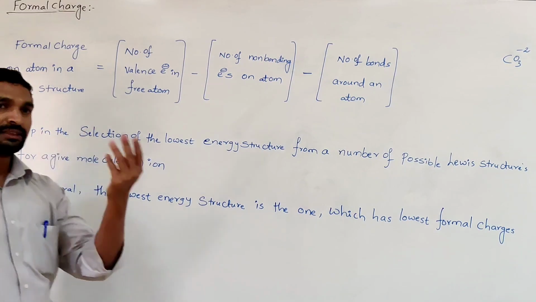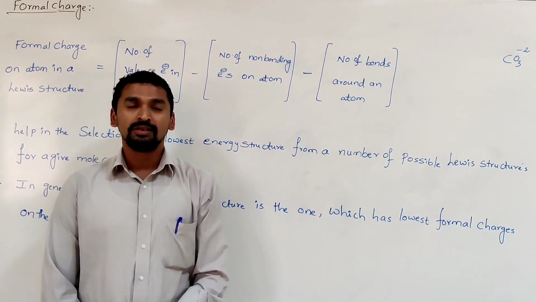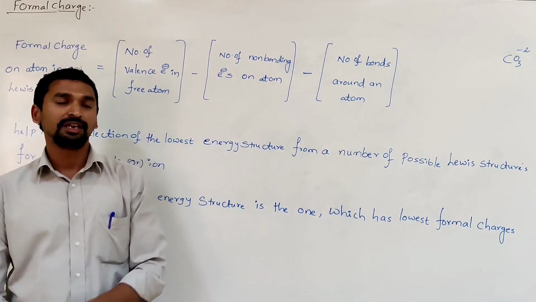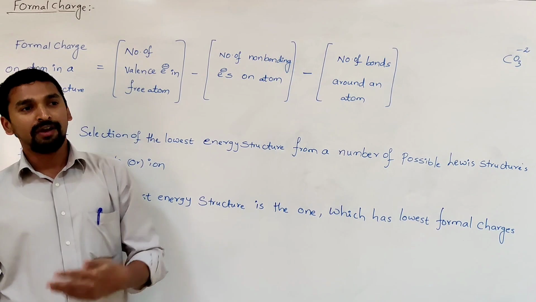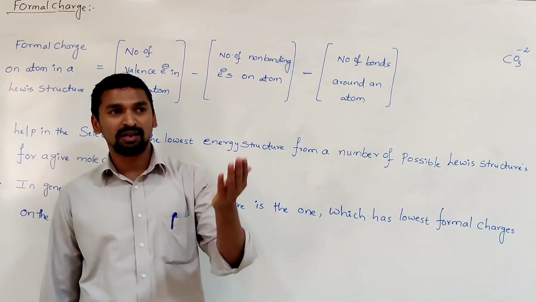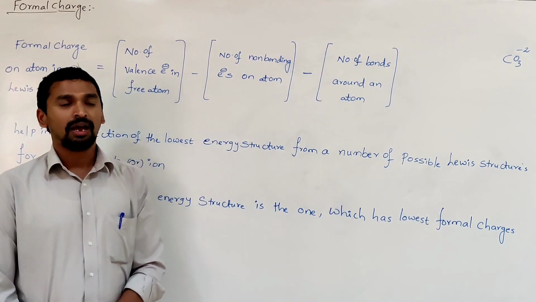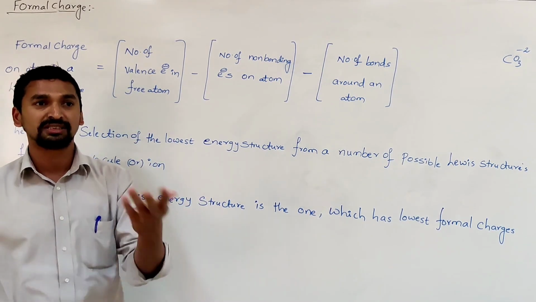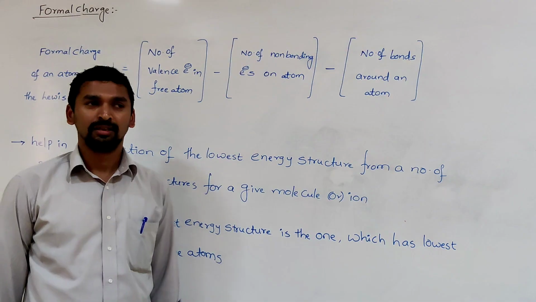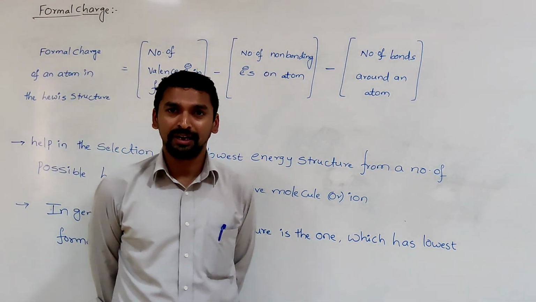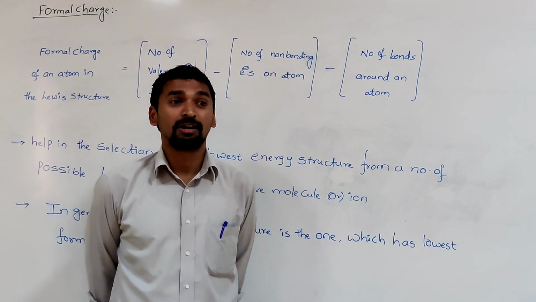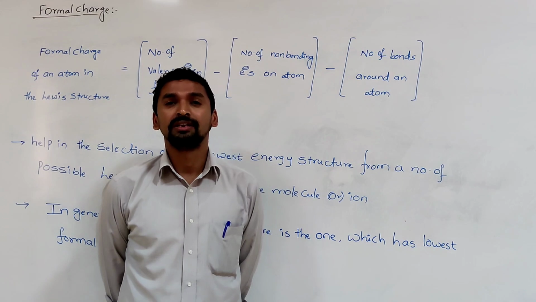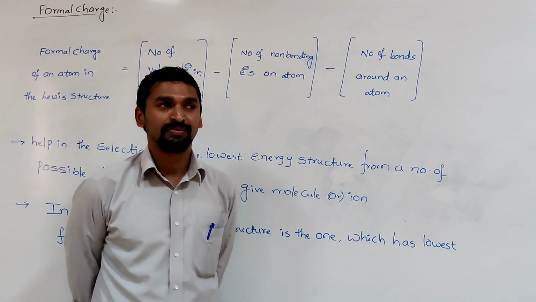Now sometimes the formal charge may be 0, and sometimes the formal charge may be positive or negative on each atom. Whenever the number of valence electrons in a free atom and the number of electrons assigned to the atom in the Lewis structure are the same, the formal charge becomes 0. If the number of valence electrons in the free atom is more than the number of electrons assigned to the atom in the Lewis structure, then we get the formal charge as positive.